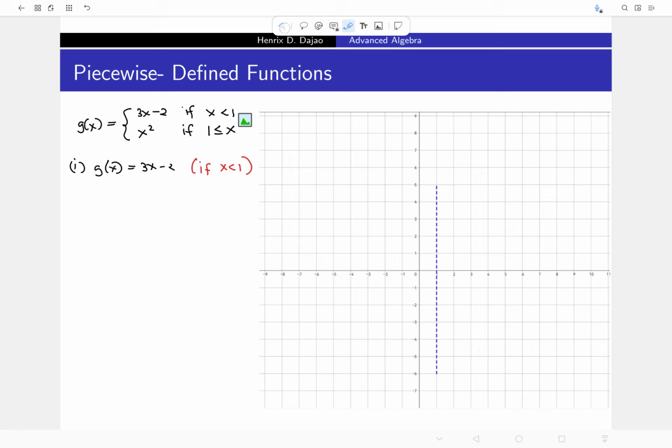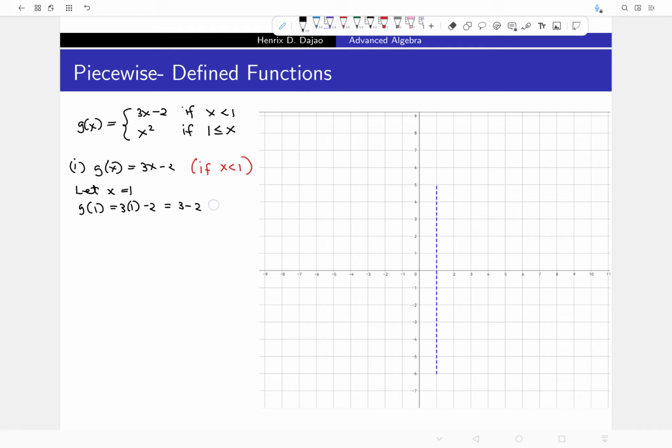So I let x be equal to 1, then g of 1 is 3 minus 2, so that's 1. So if x is 1, g of x is 1. So we have 1, 1. So we have 1 point.